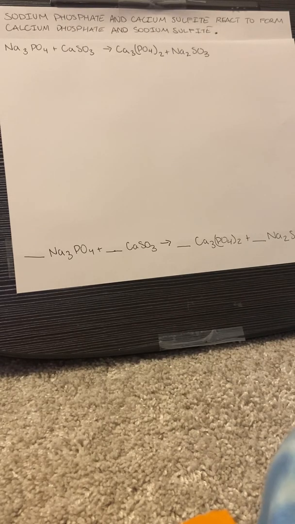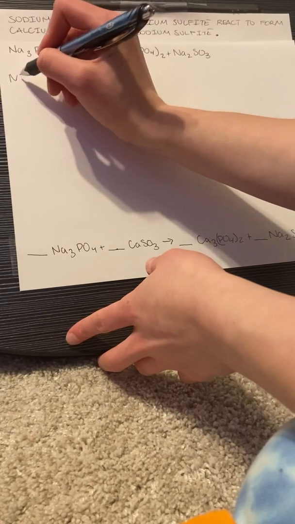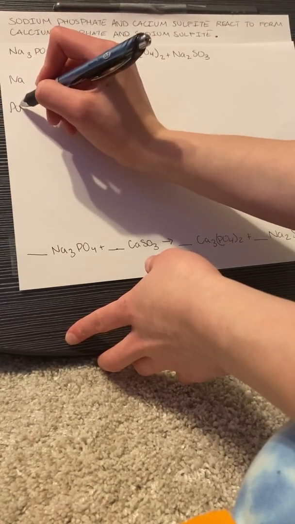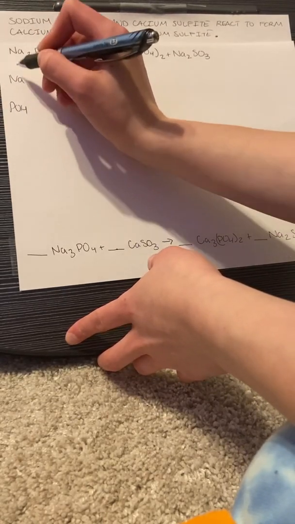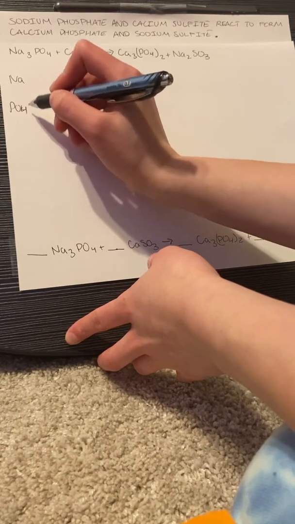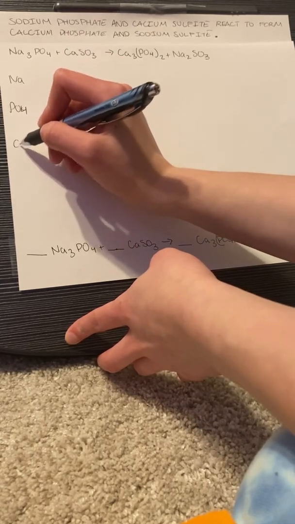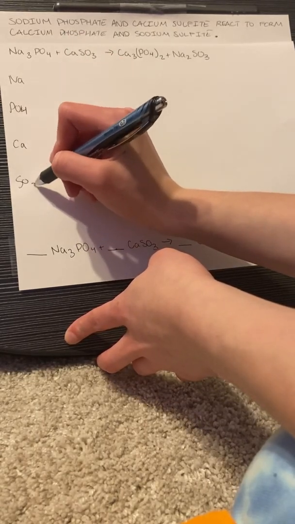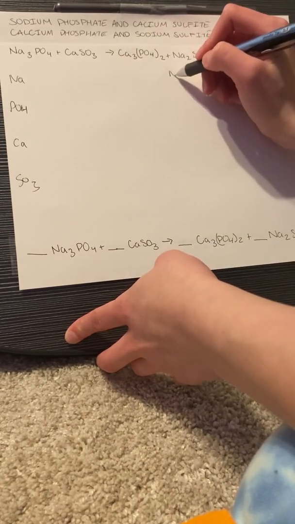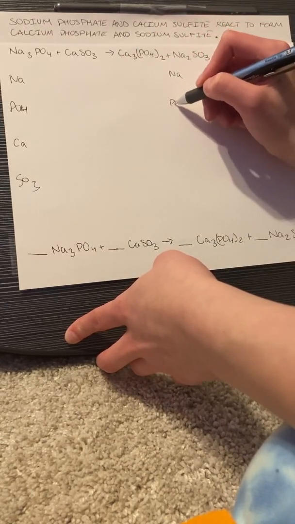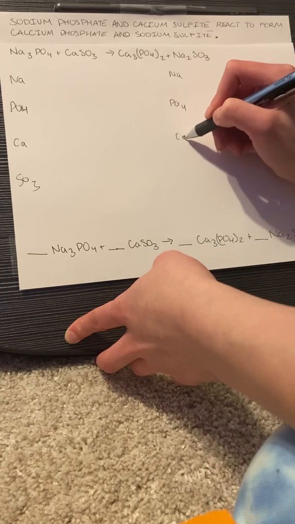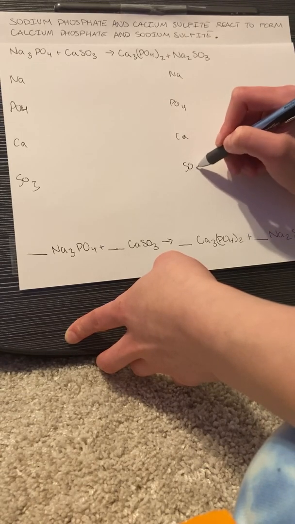So I'm going to write each of these on both sides quickly. So Na3PO4, CaSO3. I'm going to do that on this side as well.